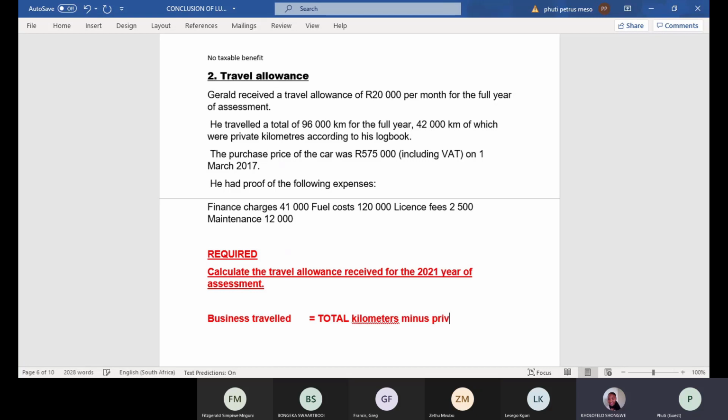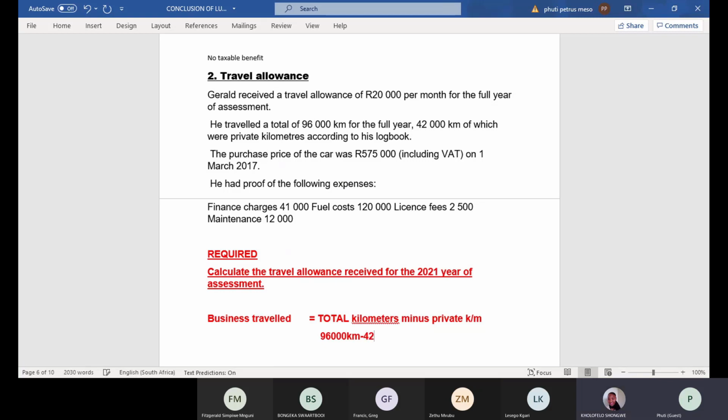How much is the total? The total for private kilometers is 42,000, and if I subtract them from each other, it's 54,000. I think the private one is 42,000, not the total.